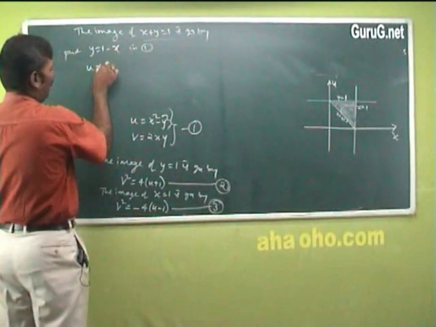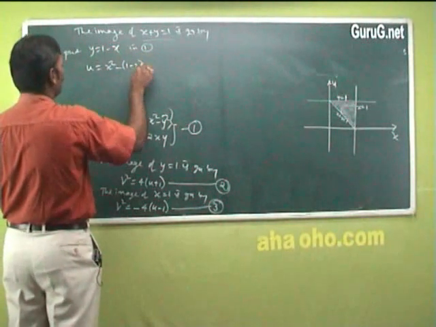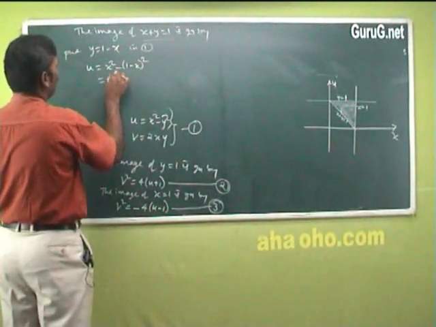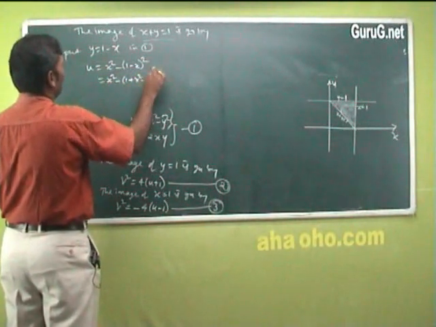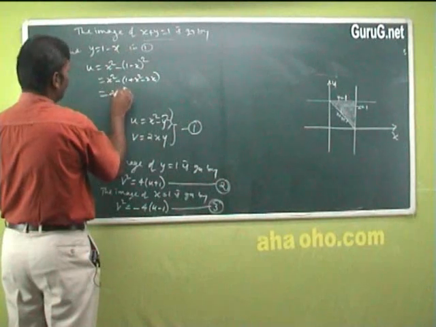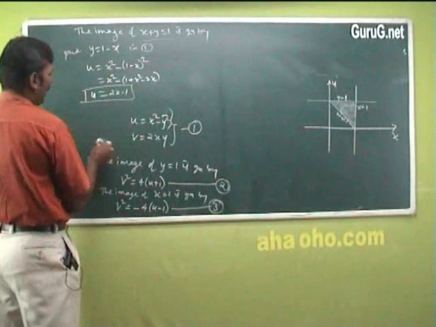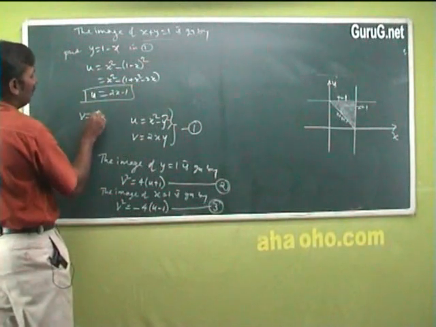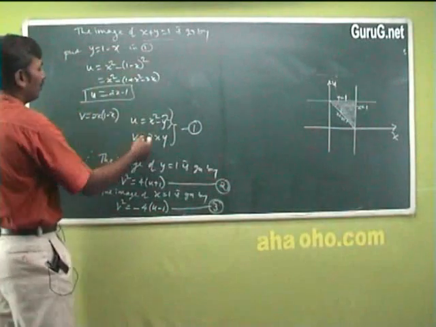So u equal to x squared minus 1 minus x the whole squared, which is x squared minus of 1 plus x squared minus 2x. This is nothing but 2x minus 1, right? So u equal to 2x minus 1 and v equal to 2x into 1 minus x, right?